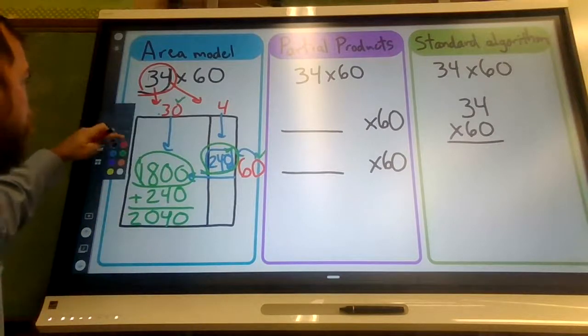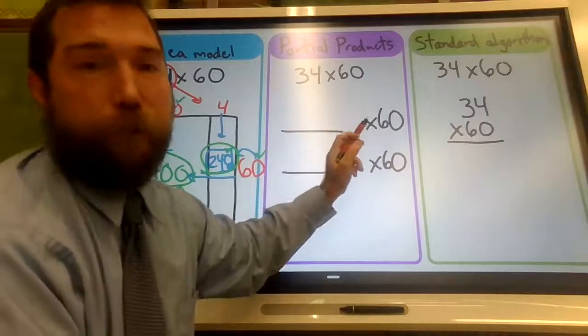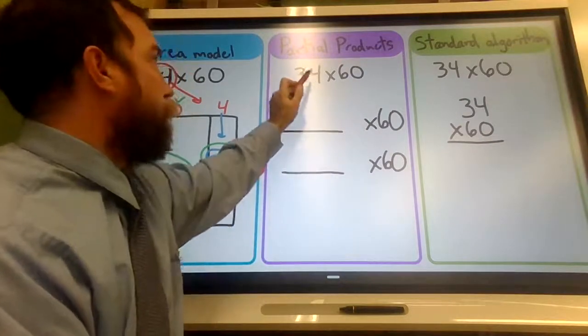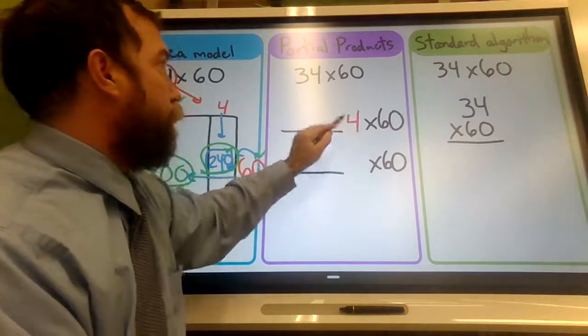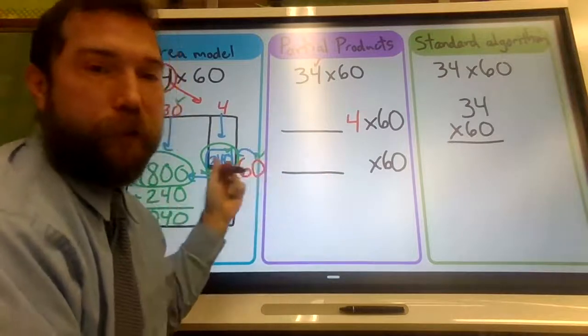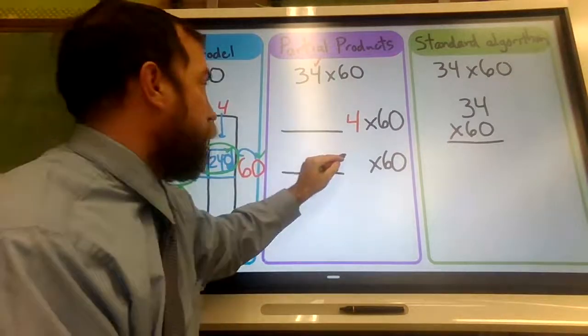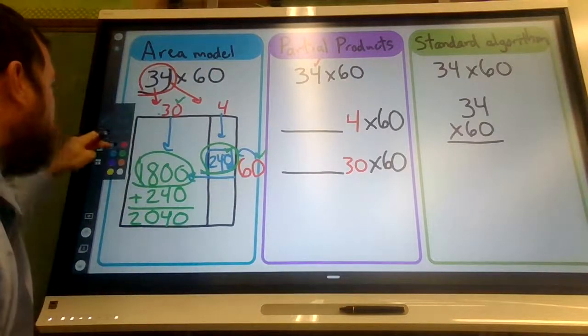So the same idea happens over here. This is really just the same thing, the only thing that's different is there's no boxes. We're again going to split the 34 apart. First we do it by 4, then we do it by the 3, but again, just like over on the other side, the 3 is really a 30. And it's actually those same exact numbers.